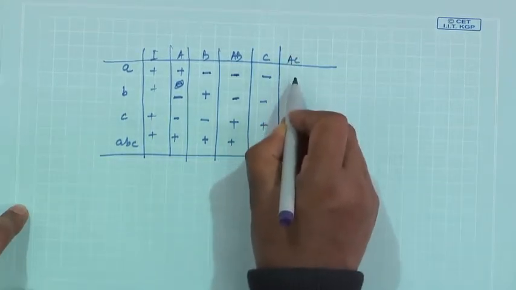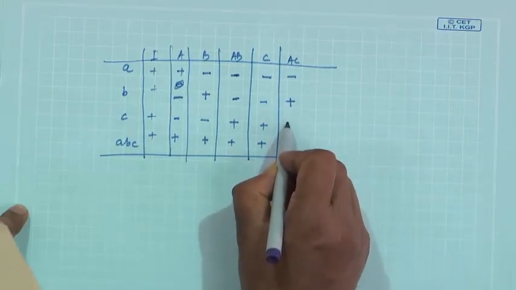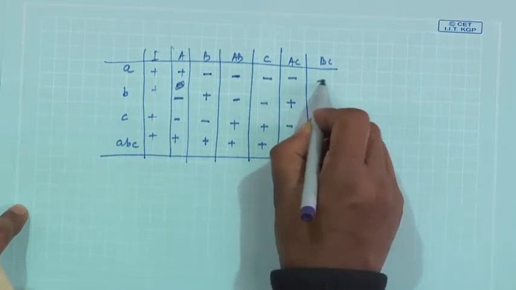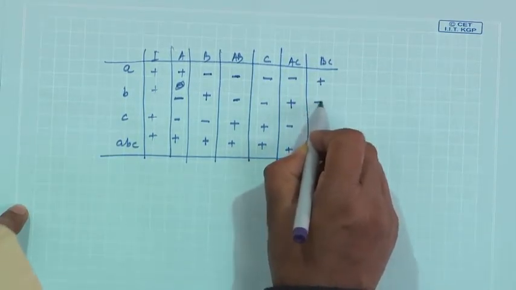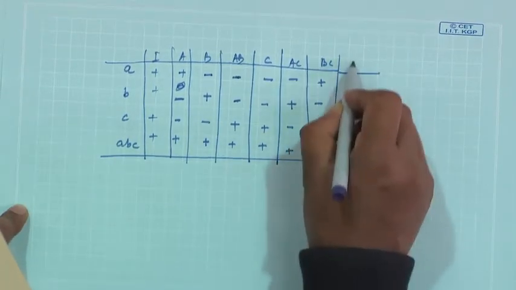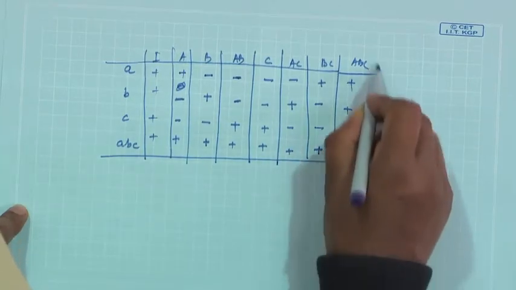AC is minus plus minus plus. BC is plus minus minus plus, and ABC is plus plus plus plus.